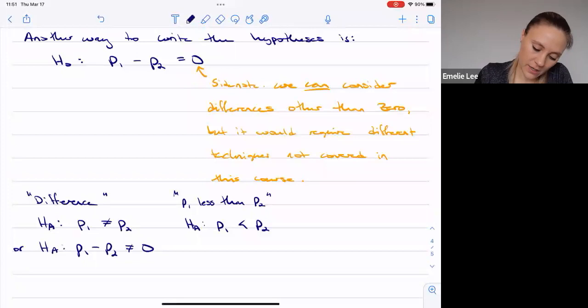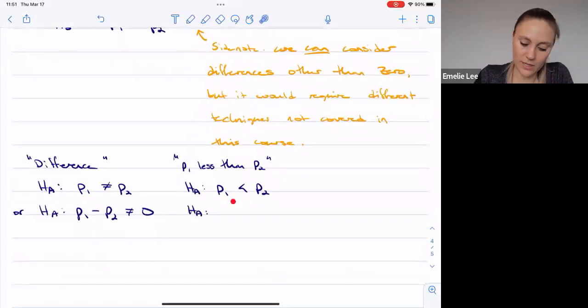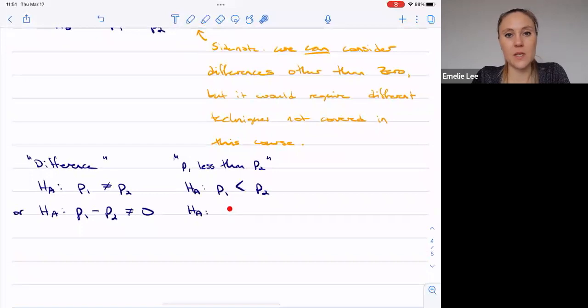Okay. And the alternative hypothesis for the one-sided test, which is what this is, gets a little bit weird, right? If I'm thinking about P1 minus P2, if P1 is less than P2, then I have a smaller number, so if I pick a number 2 and I subtract a larger number 4, I get a negative number that's less than 0, right?